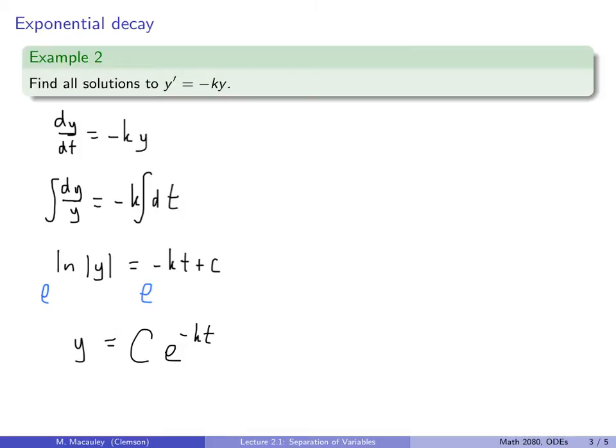That's a shortcut you can always do. Just pretend to pull that constant down in front, and, well, I like to say this is lowercase c and that's uppercase c, and rename it. And so here's my solution. Wasn't that bad, right? Okay, now let's compare exponential growth to exponential decay.